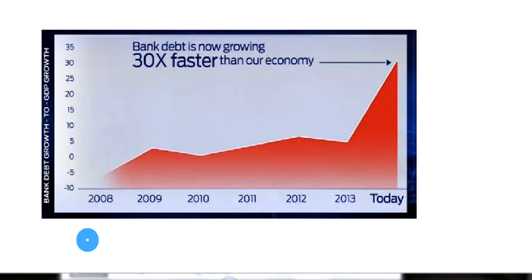This is maybe where the term bubble came from, I don't know. But as the debt expands, the total debt, and that includes government debt, personal debt, business debt, all debt, the economy grows into that debt.